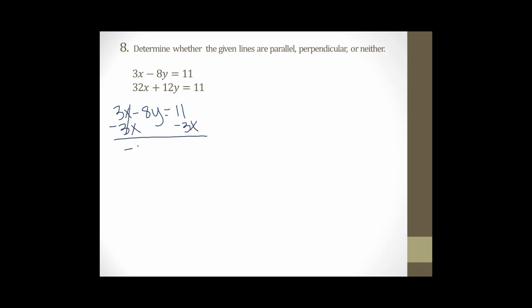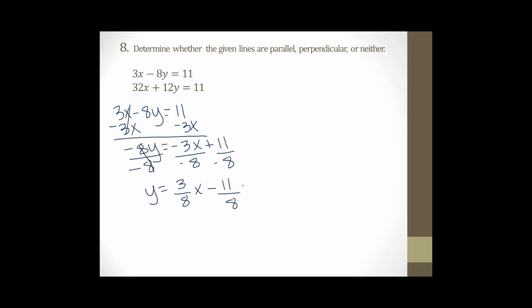So we have -8y equals -3x plus 11. Then we want to isolate y, so we'll divide everything by -8. So y equals negative divided by negative is a positive 3/8x, and a positive divided by a negative would be -11/8.